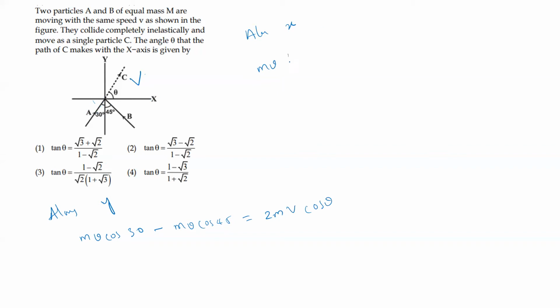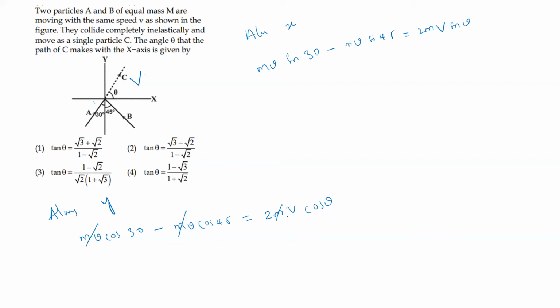So the y component will become m v sin 30 minus m v sin 45 is equal to 2m capital V sin theta. Okay. Now we have two equations, and mv will all be cancelled.